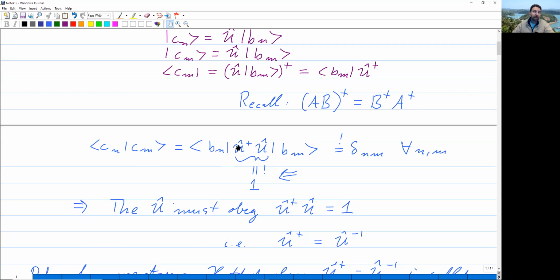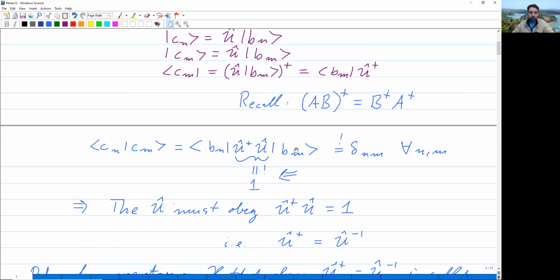And now we remember that the Bn and the Bm are a Hilbert basis. They are an orthonormal basis in the Hilbert space. And we now know that these matrix elements here have to be delta nm. But which operator has as its matrix elements delta nm in a Hilbert basis?